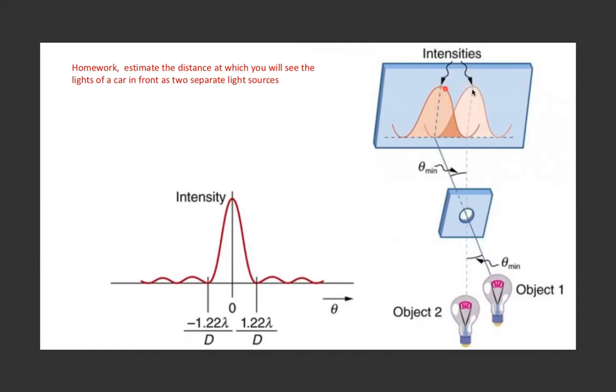Okay, so you have that maxima, and you have the straight line, and then you can imagine that if I push these two objects far behind, this angle here will be much smaller. Theta min will be much smaller, and this angle here will be much smaller too. So this maxima and this maxima will start to be very close together.